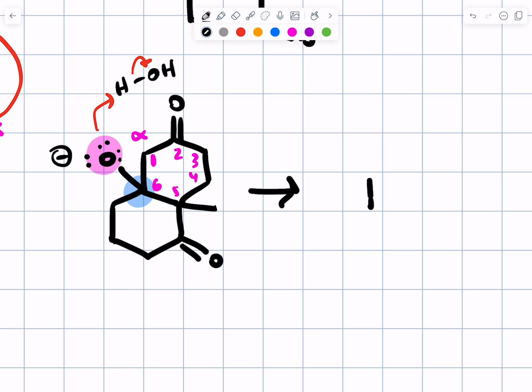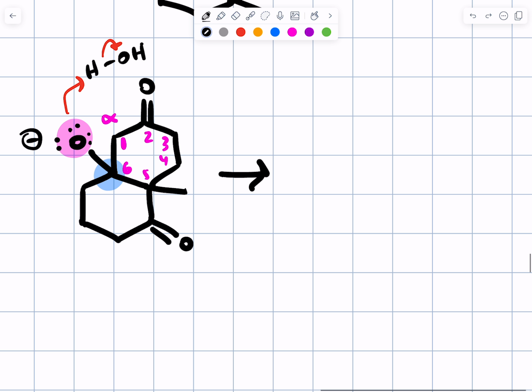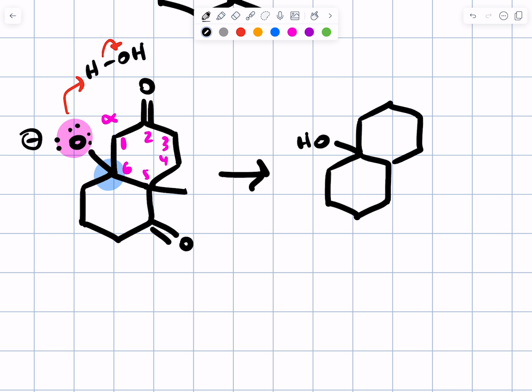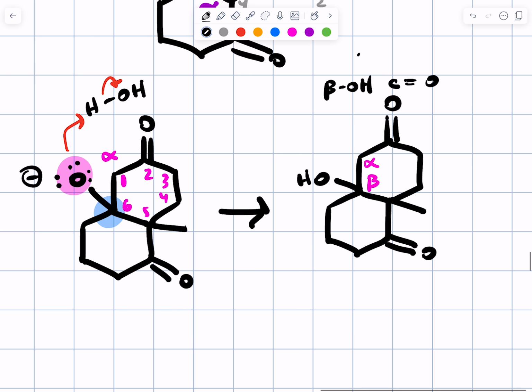That will generate this structure. And what you will see here, you will recognize as an aldol product itself. It is a beta hydroxy carbonyl compound. Here's an alpha carbon, here's a beta carbon. This is the beta hydroxy carbonyl compound that is an aldol product.